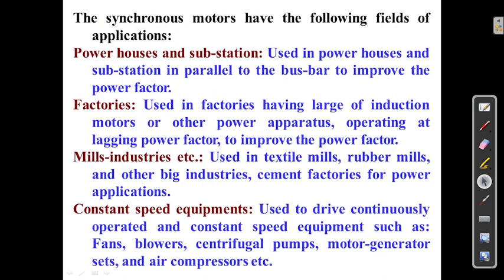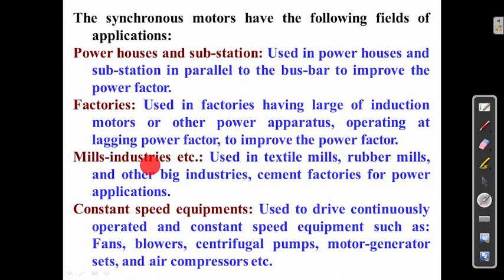The synchronous motors have the following fields of application. In powerhouses and substations, they are used in parallel to the bus bar to improve the power factor. In factories having a large number of induction motors or other power apparatus operating at a lagging power factor, they are used to improve the power factor.